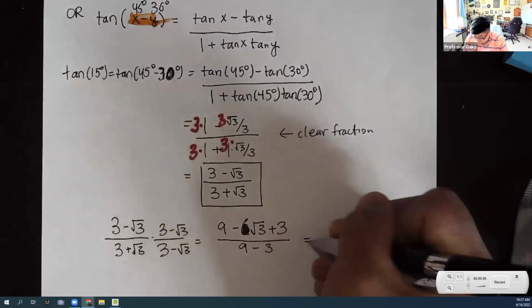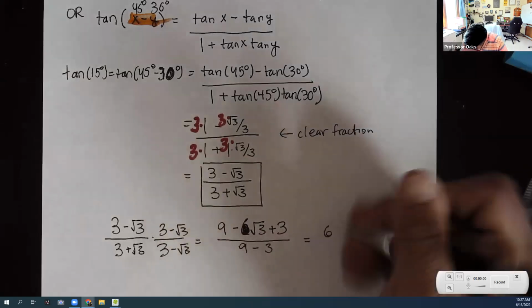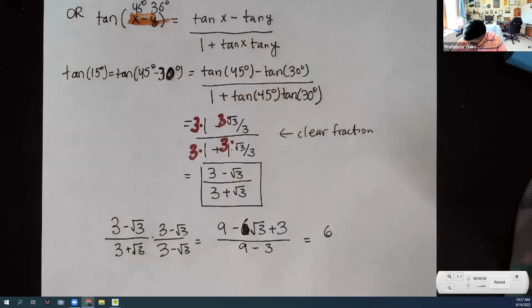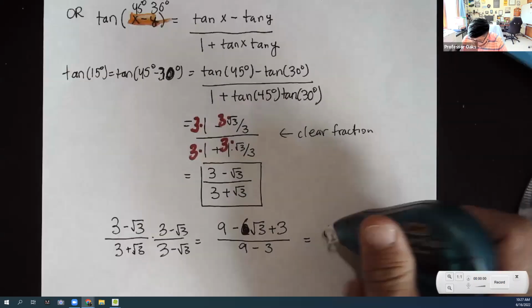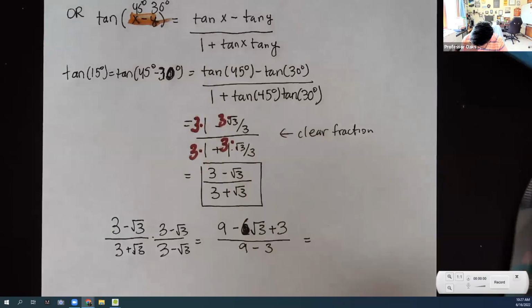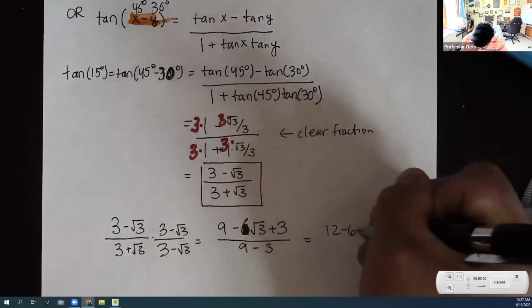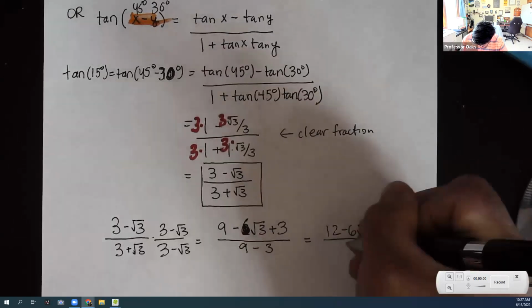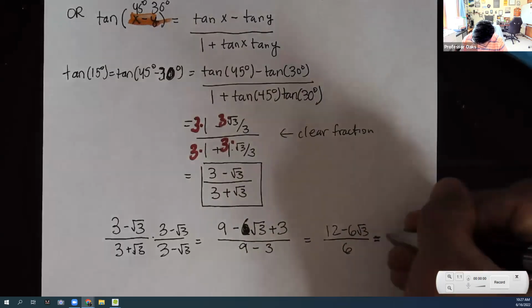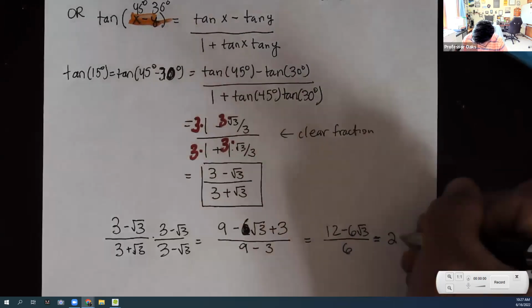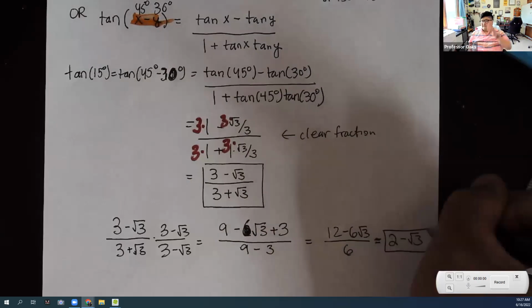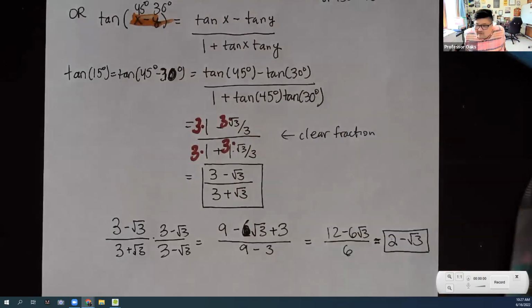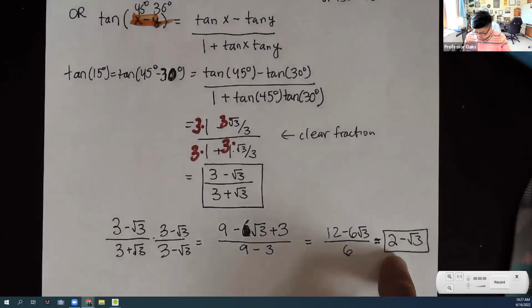So then it would be 12, 9 plus 3 is 12, 12 minus 6 square root of 3 over 6, and then 12 over 6 is 2, and 6 over 6 is 1. So if you were to put it into an online calculator, they would actually give you that, which happens to be the same as that.